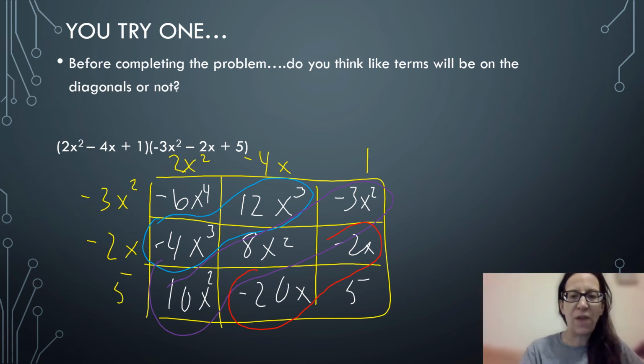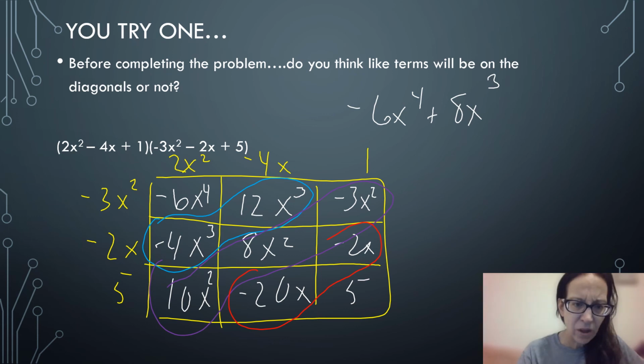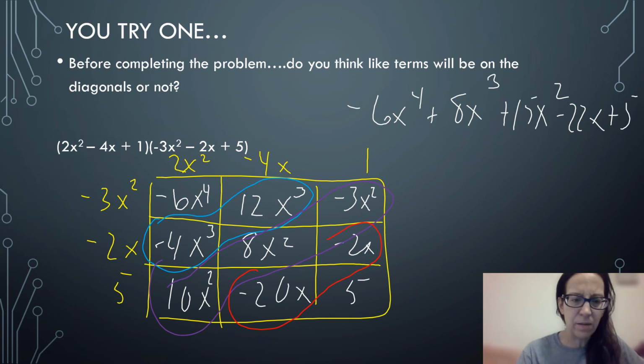All right, so our final answer would be negative 6x to the fourth plus 8x to the third plus 15x squared minus 22x plus 5. Hopefully I didn't obscure something with my circles there.